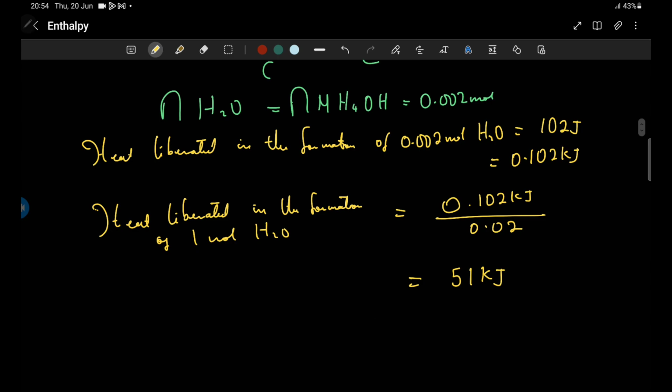Since the heat is liberated, it means that we're dealing with an exothermic situation here. That is minus 51 kilojoules per mole. All right, so that will be all for this aspect.